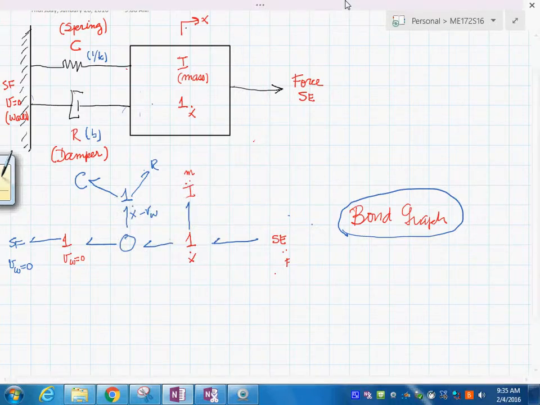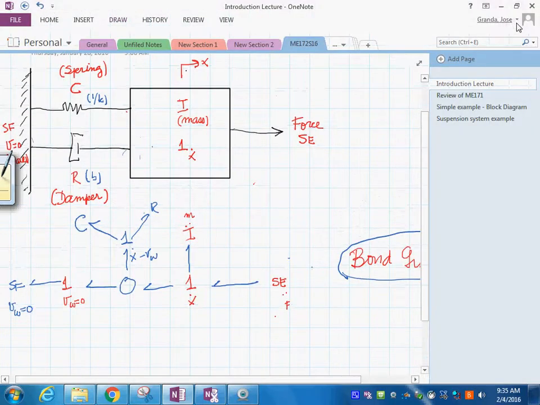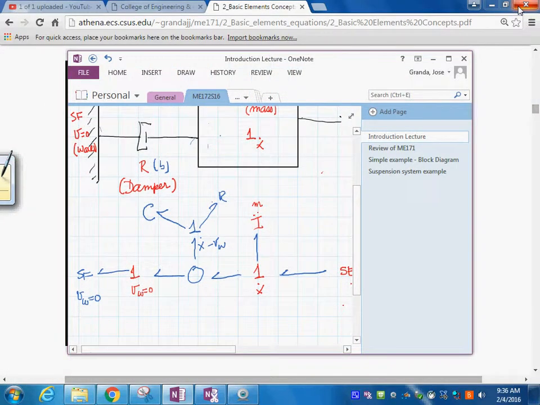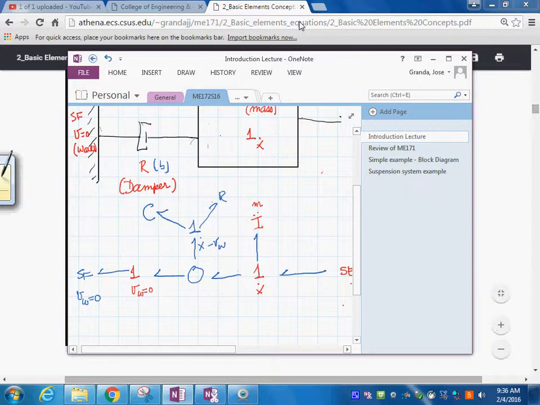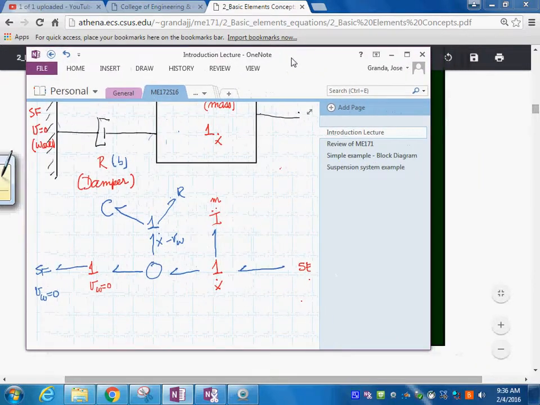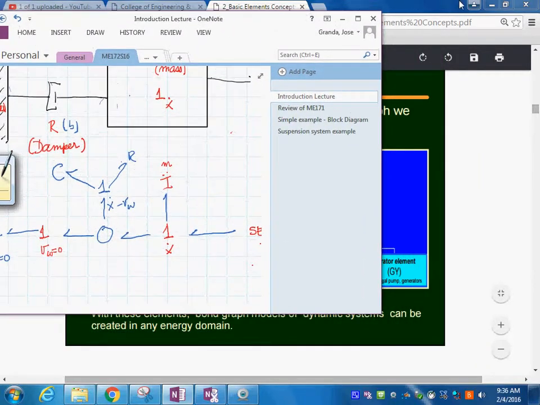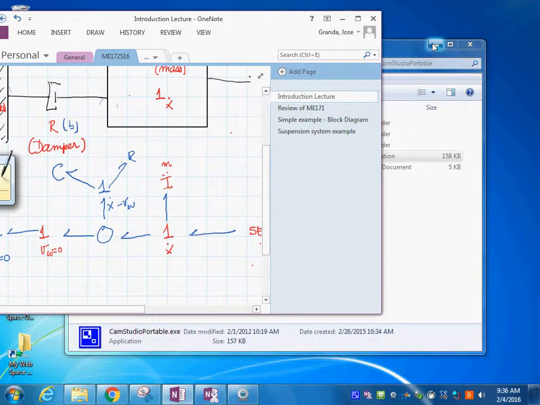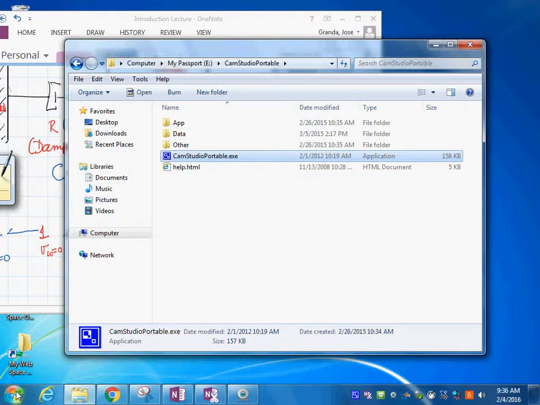So now let's try to do the simulation with this bond graph model, and we'll see. Okay, I am going to keep this in a small way. Yeah, here we go. And so we're going to run this.